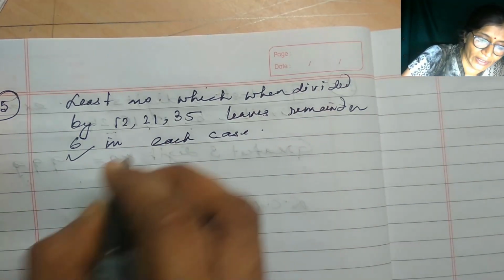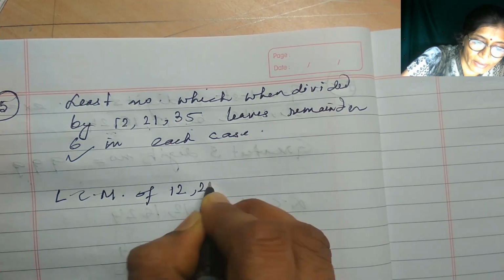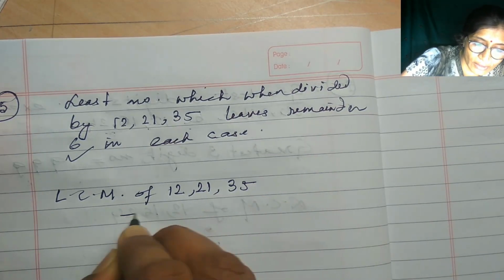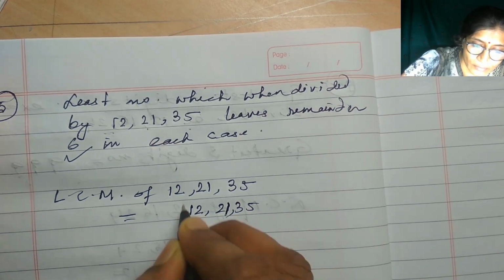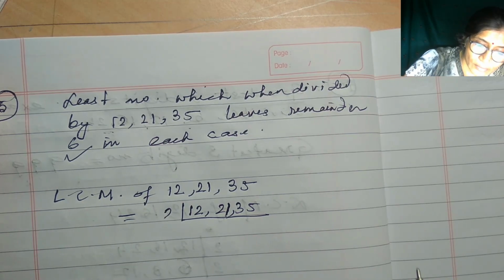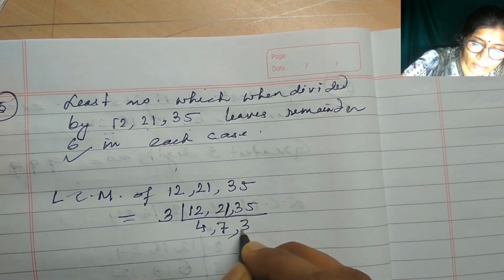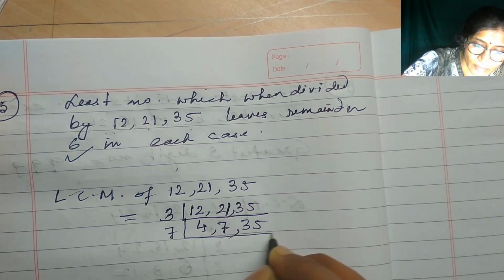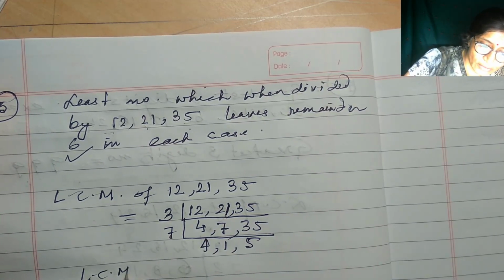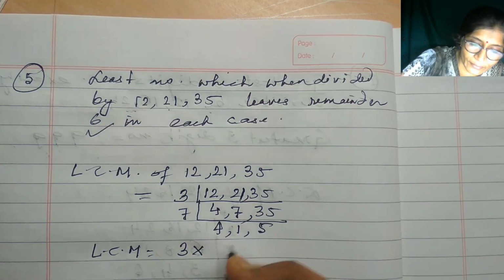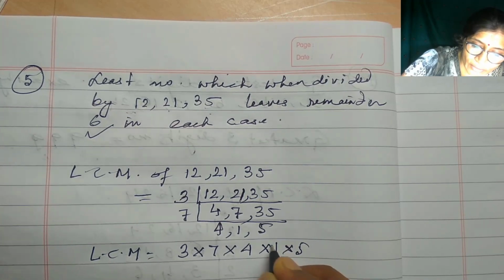See here, LCM of 12, 21, 35 is equal to 3 into 7 into 4 into 5.